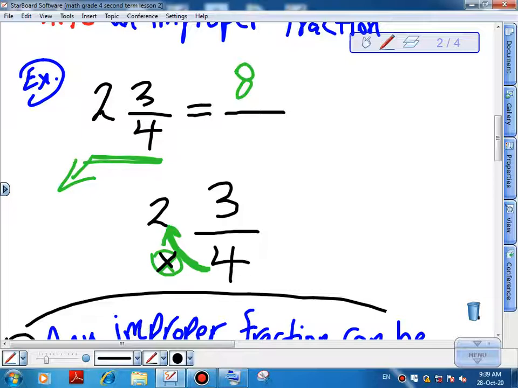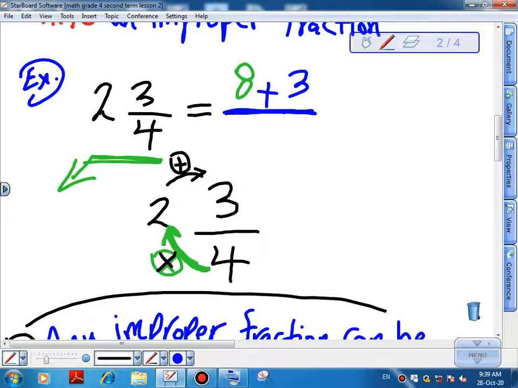We put 8 in the numerator. Then we add 8 plus 3, which equals 11, in the numerator.